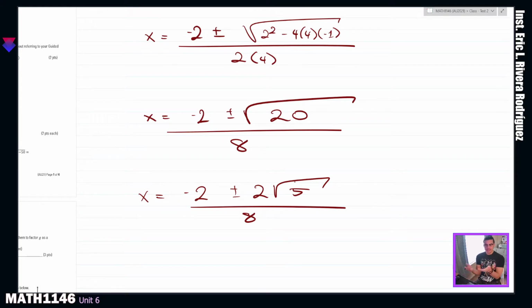It could be a rational number. Yes, we are seeing a fraction, but you are seeing that the numerator has two terms, -2 and another term with 2 times the square root of 5. Then there's no way to simplify these two values here.